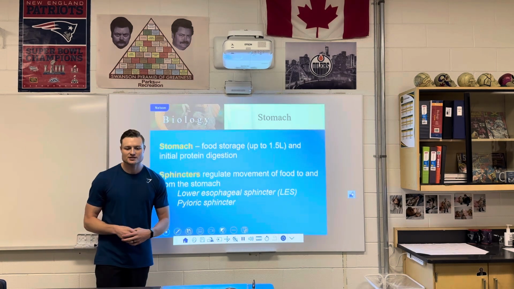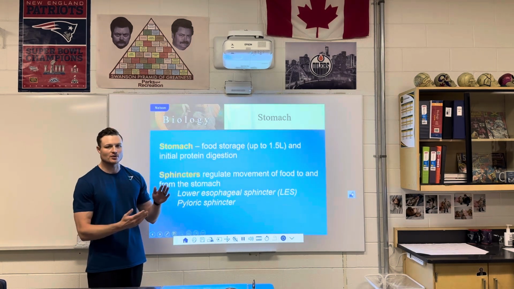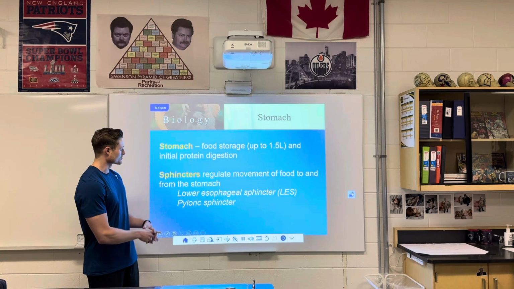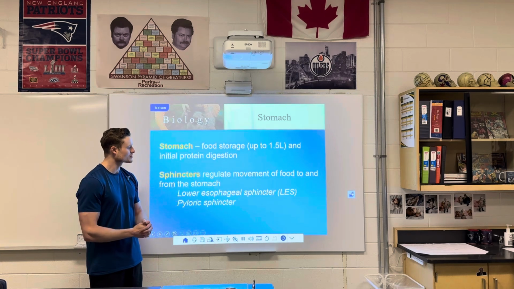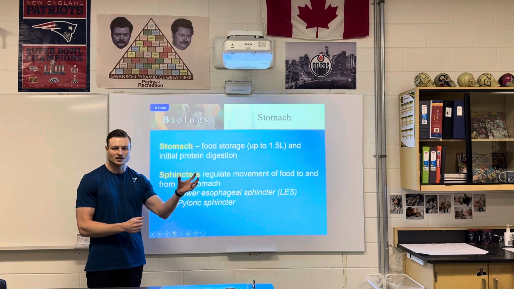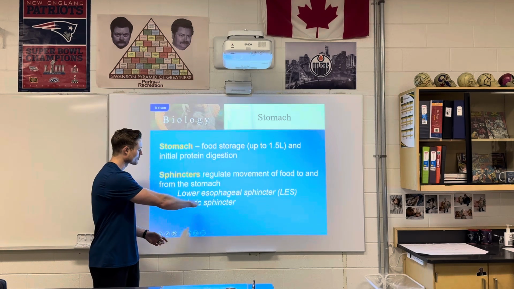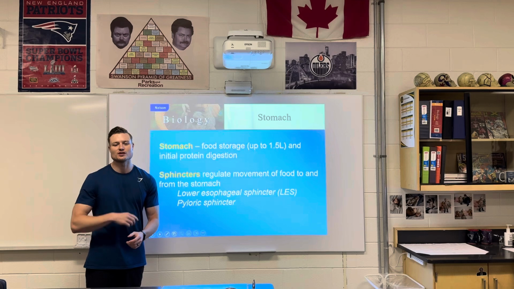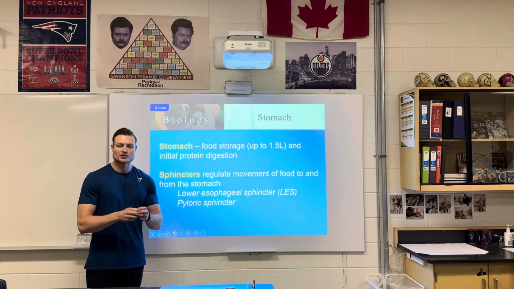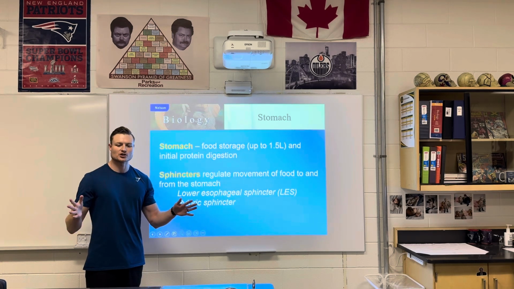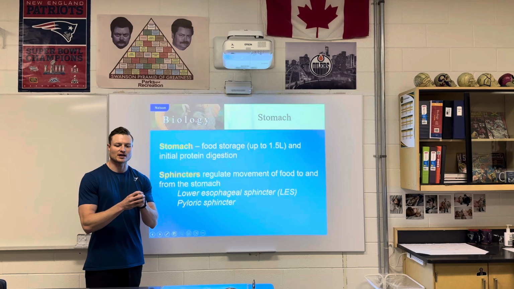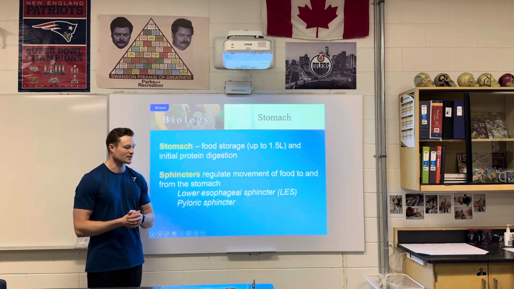Now your stomach has essentially two openings, a top and a bottom, and those openings are called sphincters. We have our lower esophageal sphincter, or the LES. This is where the esophagus connects to the stomach. And then we have our pyloric sphincter, which connects to the small intestine. So this will open up, allow food to drop into the stomach, and then it will close back up so nothing goes back up the esophagus.